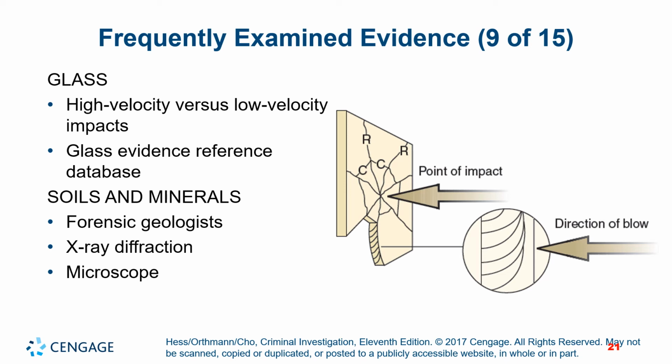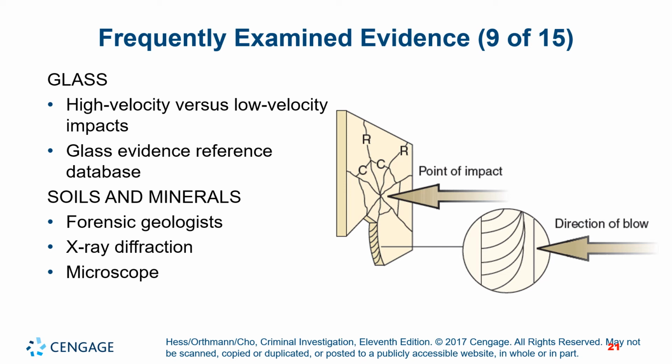And scientists called forensic geologists can use soils and minerals to determine the origin of, for instance, if a victim is found with sand and there's not sand in the immediate area, they can, however, tell where the sand came from. And they use techniques called X-ray diffraction and microscopes.